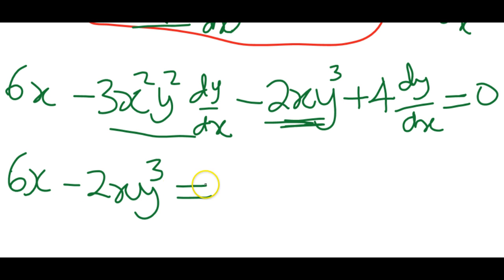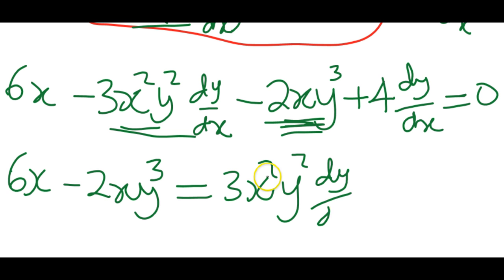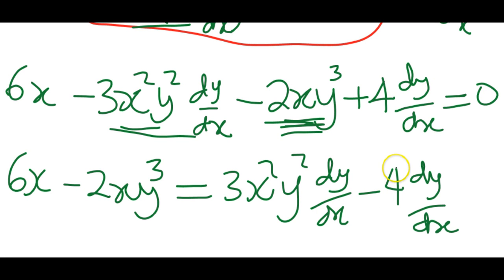Then I move this and this as 3x squared y squared dy/dx, minus rather. So this is what it's going to be, but I can still maintain this and this on this side and move the others outside, which will still give me the same result.